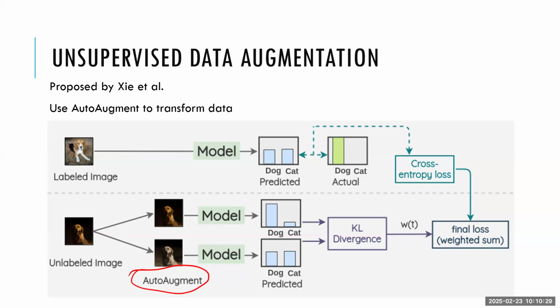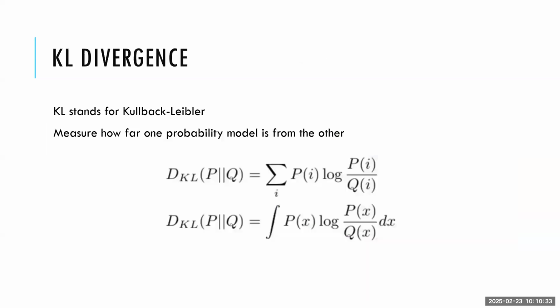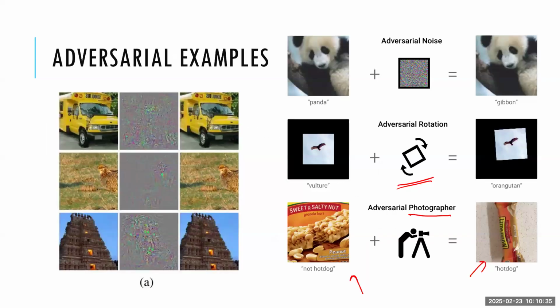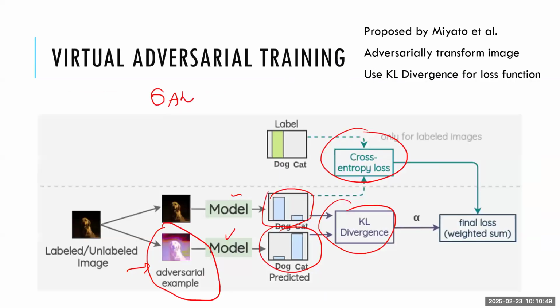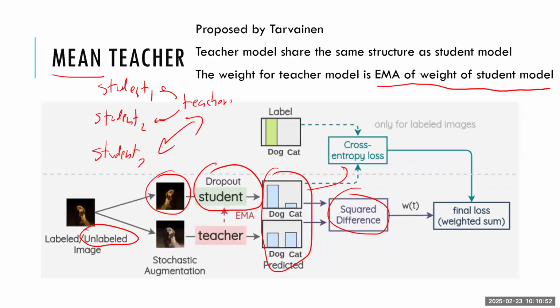So that has human intervention. You are the one who picks the noise, and then you add it. Now for auto augmentation, we want to create something that can be done automatically. And if we can do auto augmentation, we can replace it with adversarial examples or stochastic augmentation.